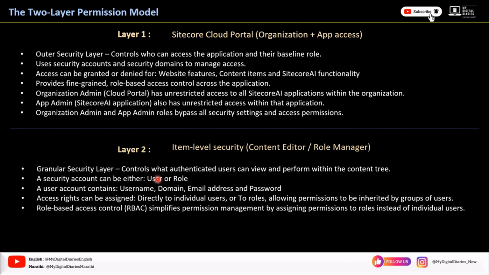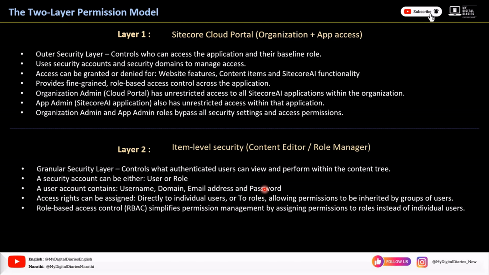At this layer, a security account can be one of two types, a user or a role. A user account contains four key things: a username, a domain, an email address, and a password. This is the identity that gets checked against permissions.